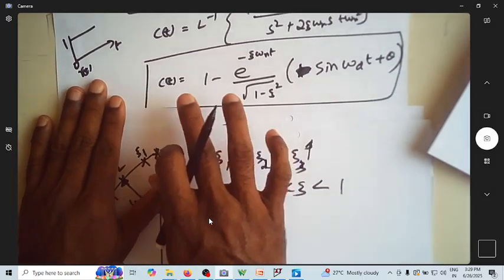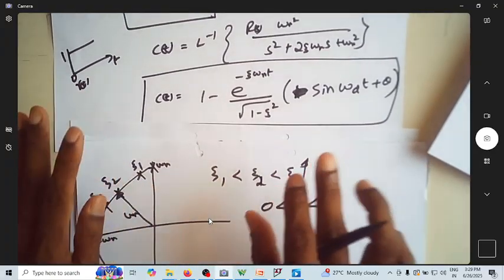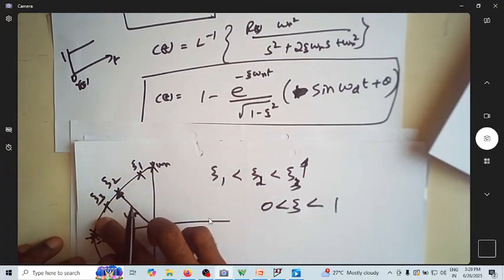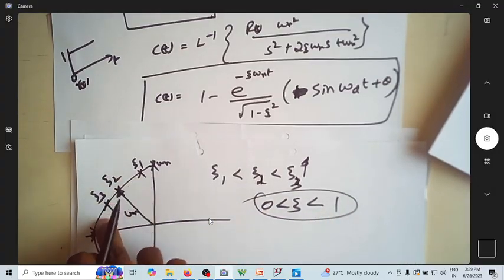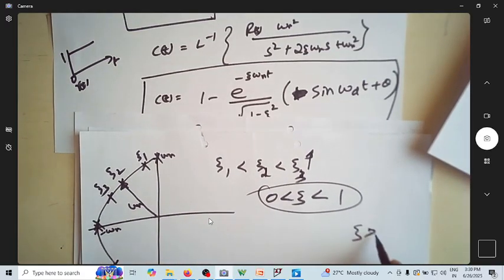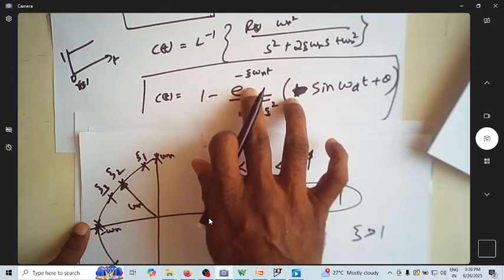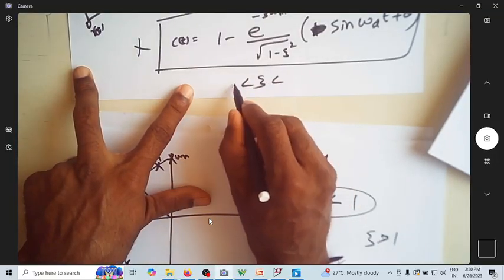Whatever time response we write here is only valid for zeta between 0 and 1, which results in complex poles. If zeta is greater than 1, then this equation is not valid.